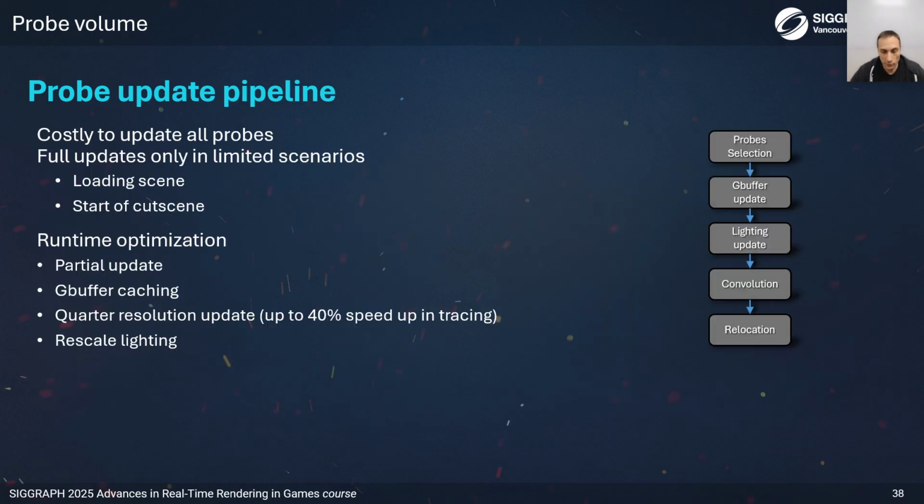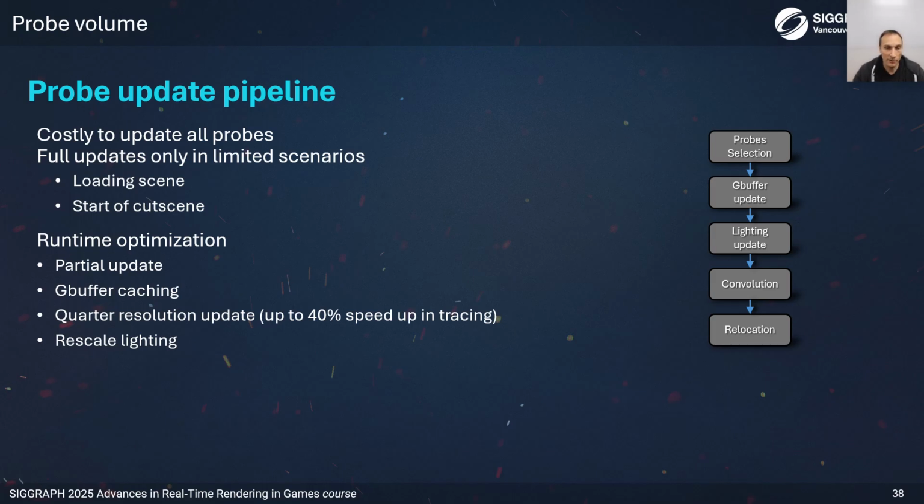Updating all the probes every frame is going to be too costly, and we use different optimizations to reduce the cost. First, we're going to update only a subset of the probes every frame. We also support 3 types of update. The first update is a full update where we cast rays to compute the G-buffer. We're going to compute the lighting, convolve the results of the probe, and try to move the probe if it's badly positioned.